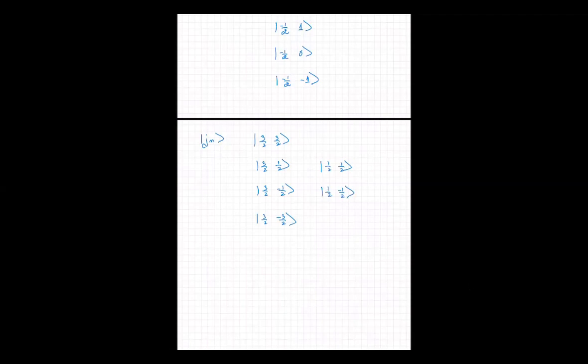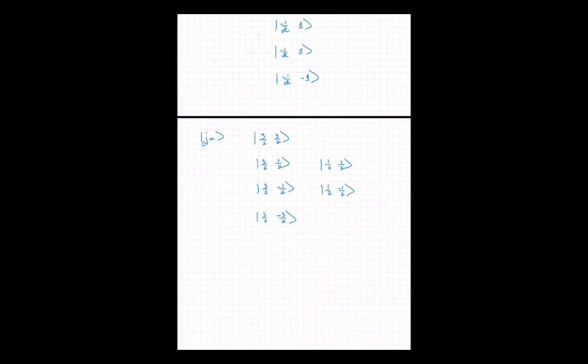And notice the pattern in these different J spaces. You have a highest value of J, and the second highest value of J starts with an M that is the second highest value of M for the first column. So this is column 1, and this is column 2. And in column 2, the highest value of M is the second highest value of M in column 1. That is how the product space works. Okay.